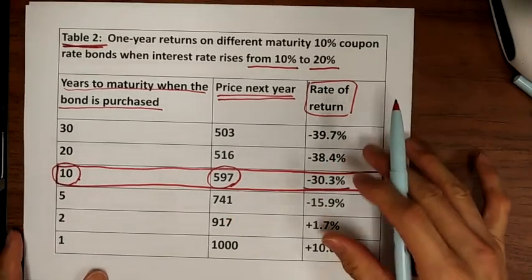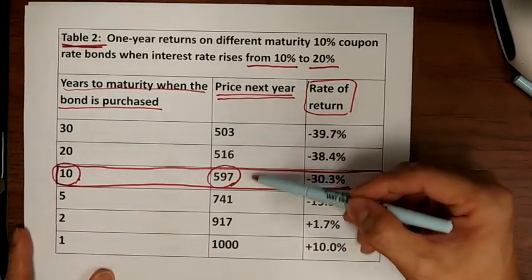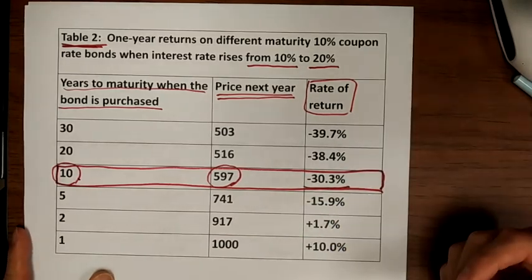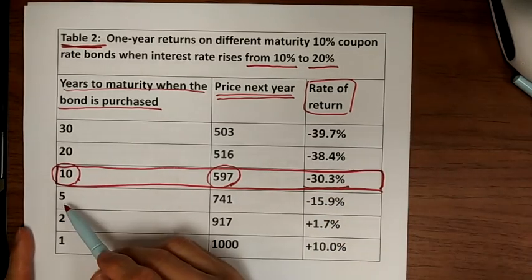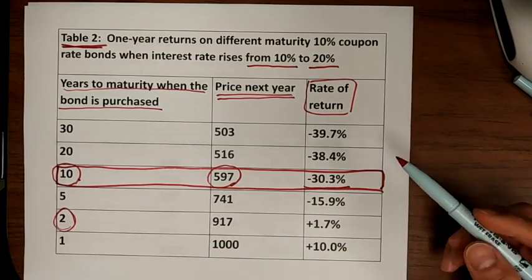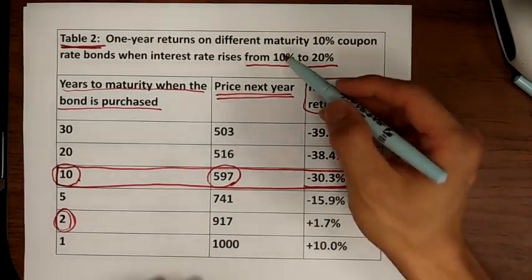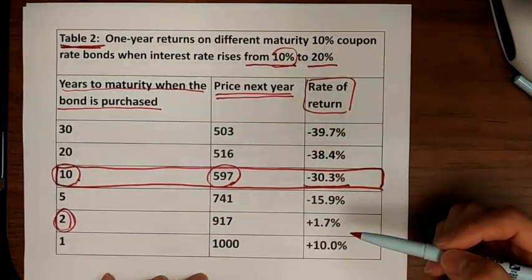I will recommend you to do the exercise to get these numbers, the 5 years one and the 2 years one. The 2-year bond should be easy. You buy a 2-year bond today when market interest rate is 10%.